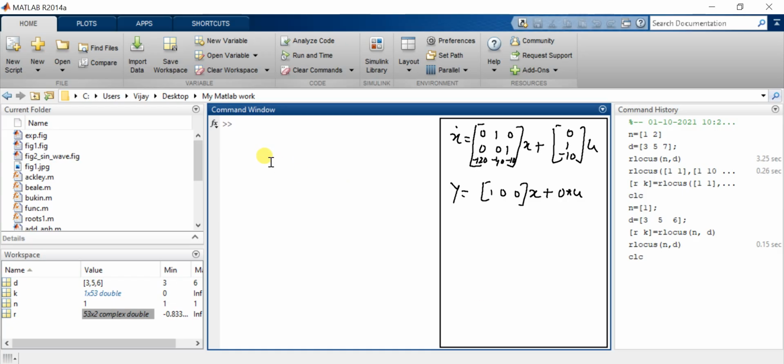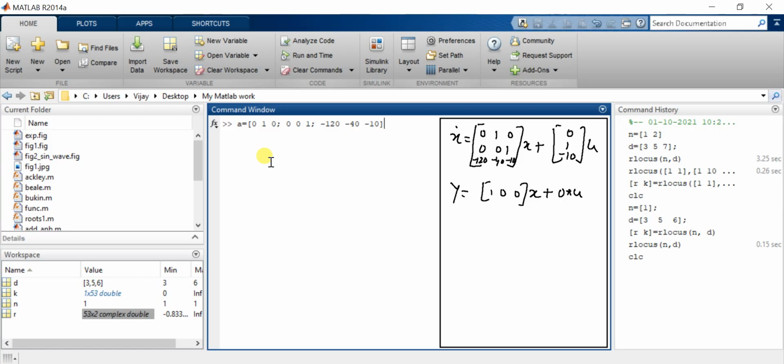First, let's take A equal to [0 1 0], then [0 0 1], the next row -120, -40 and -10.